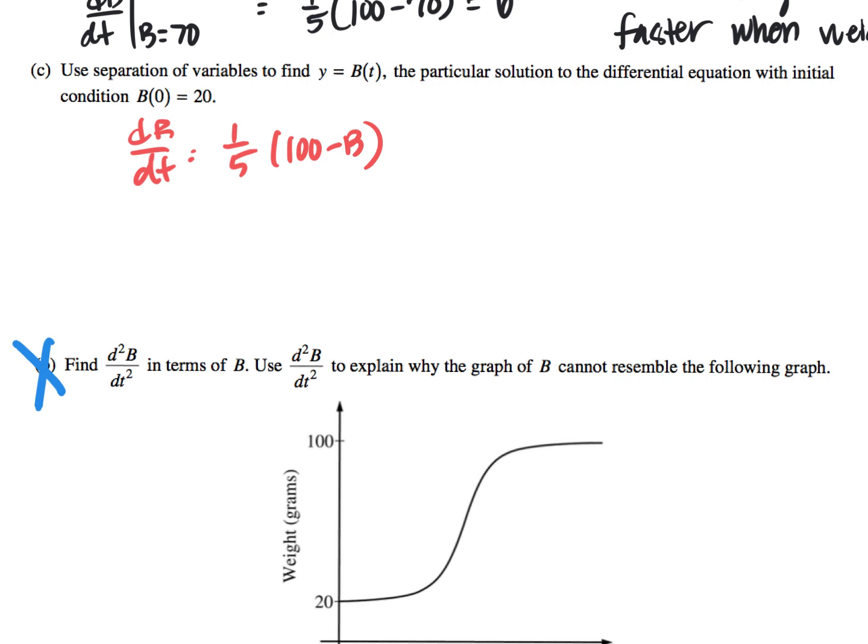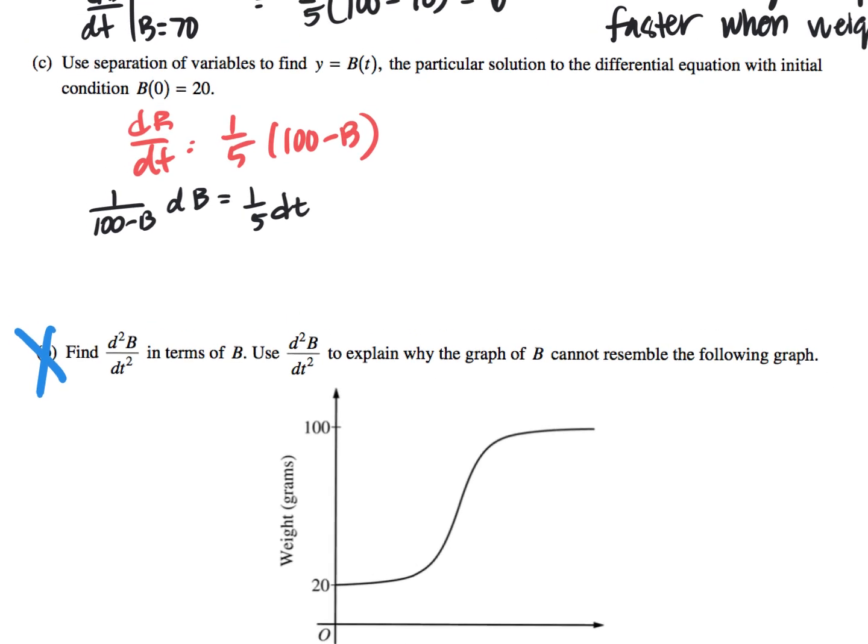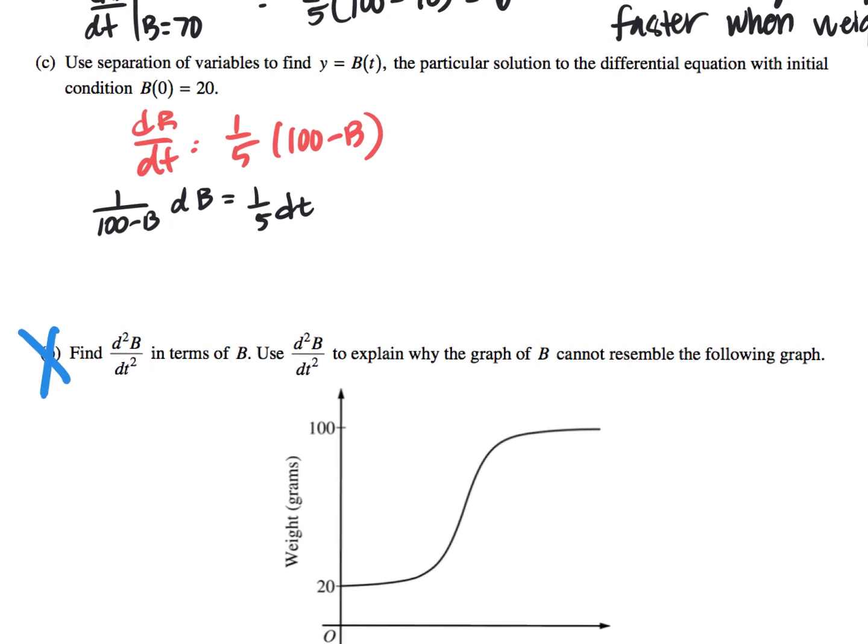Any idea? How am I getting my B's over there? Yeah, we're going to divide it. So what would I have on that left side? Well said, math. 1 over 100 minus B dB. What's left? 1/5 dt. We got it. We got a point. We love points, guys.